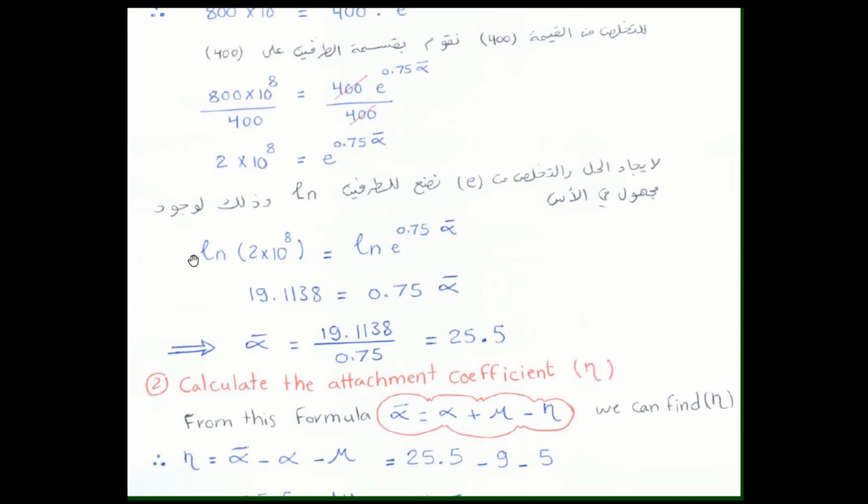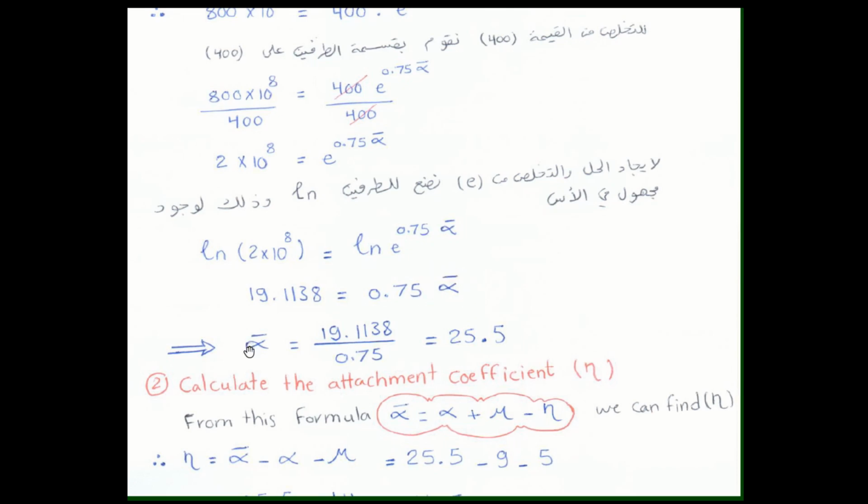And if you use ln on this side, ln of 2 into 10 to the power 8, it will be 19.1138. So if you get this value, there's an easy way to get the value of the net ionization.